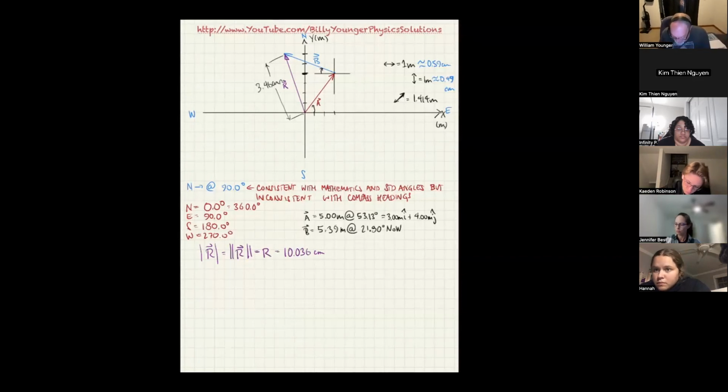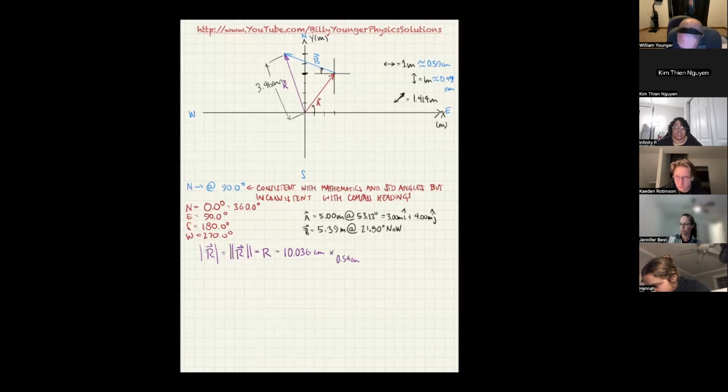And now I need to recognize that that is somewhere between 0.49 and 0.59. So if I take the average of 0.49 and 0.59, I'll say 0.54. So if I multiply this by 0.54, that's converting it to the scale on the paper, which is the more important one.